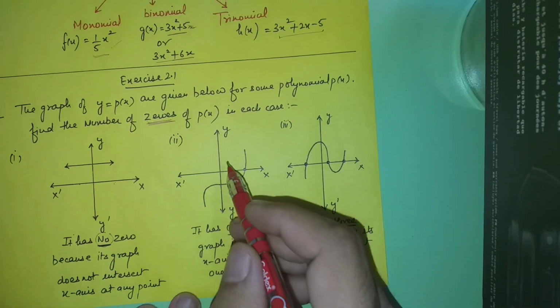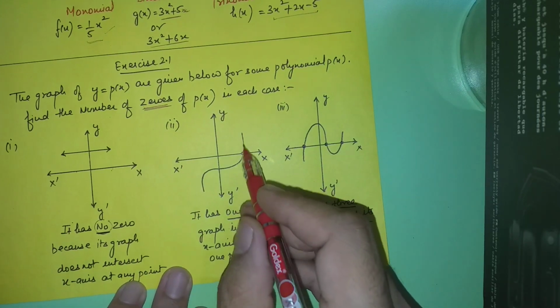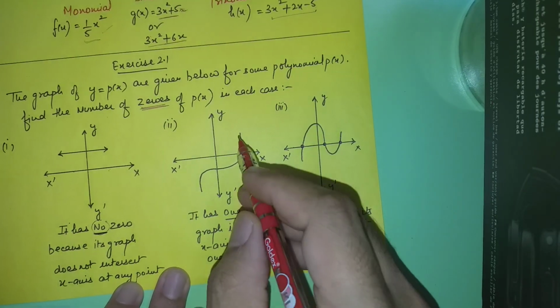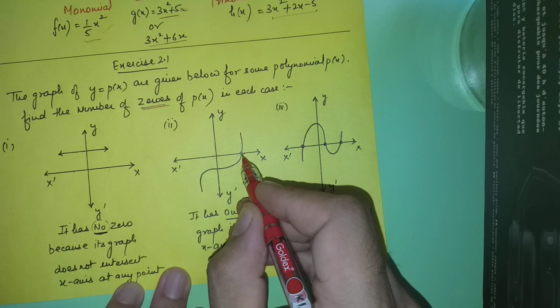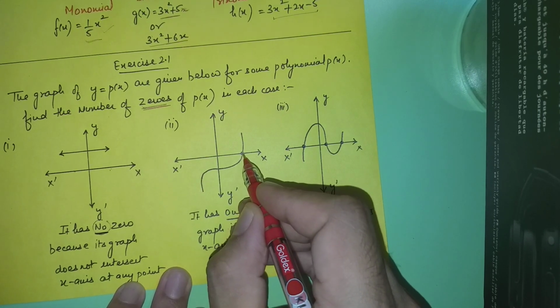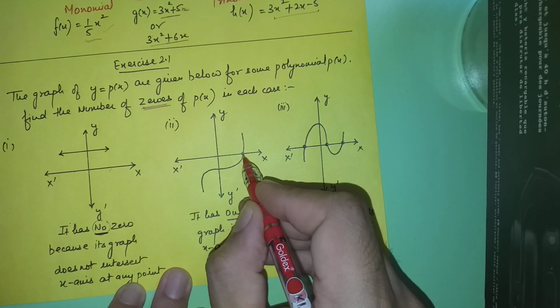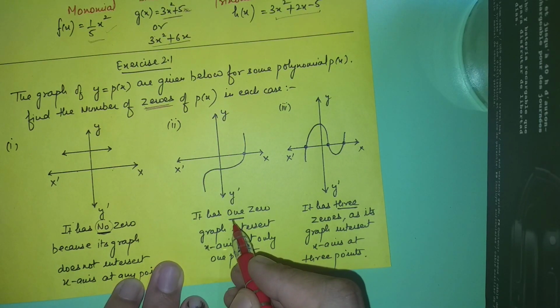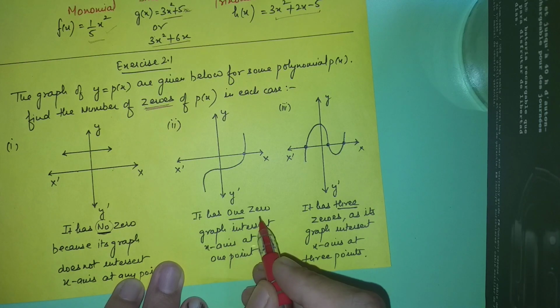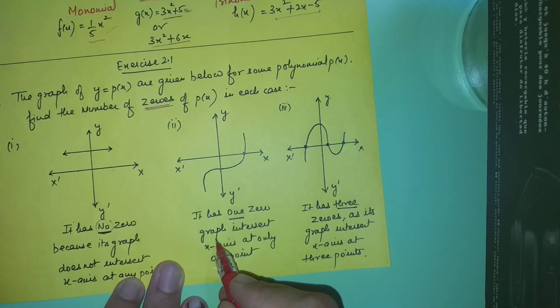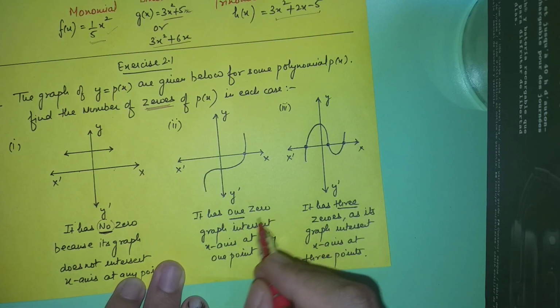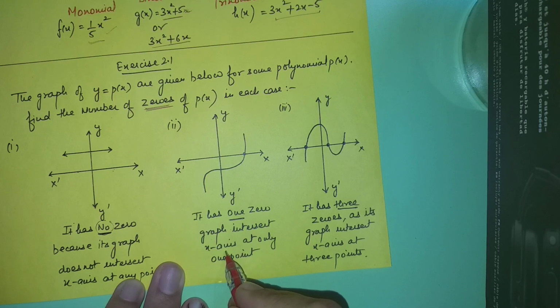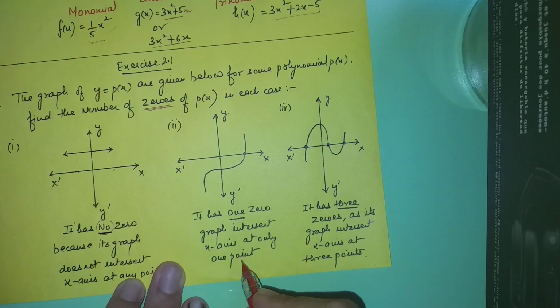In the second part we have this curve, and it touches the x-axis at only one point. So the number of zeros in this case will be 1, because the graph intersects the x-axis at only one point.